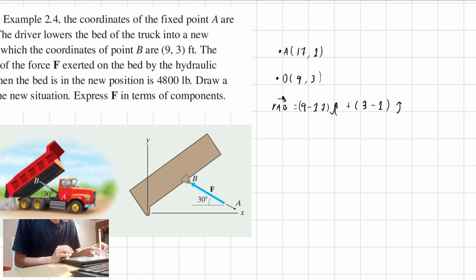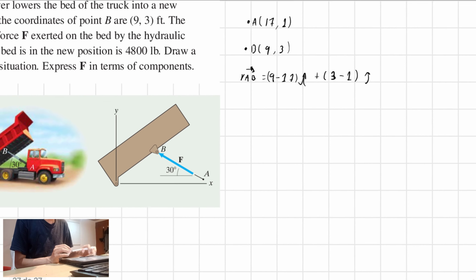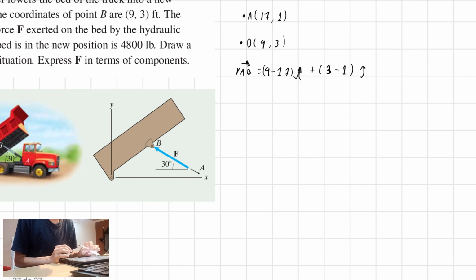Alright, so 3 minus 1. Why is that? Because the final point is B and the initial point is A. So final minus initial. Now, the vector is equal to minus 8 in the i direction plus 2 in the j direction.